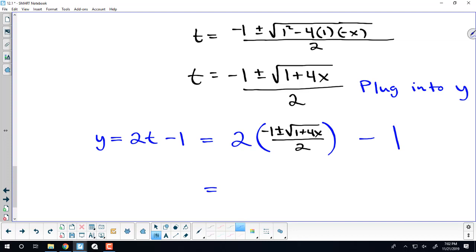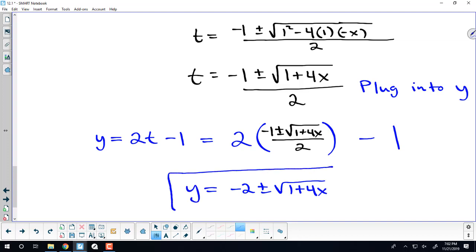We've got a -1 and a -1, so I guess we can write it as -2 plus or minus the root of 1 plus 4x for y. And so there's a different yet equivalent representation for that quadratic in y. So of course the positive root gives us one of the arches up to the vertex, and then from the vertex below is the negative root.